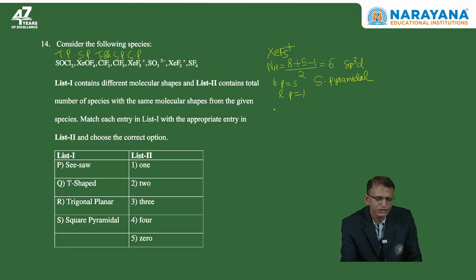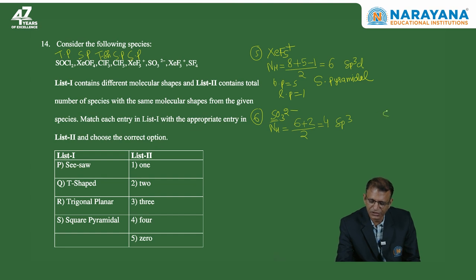Now moving to the next one, the sixth example is SO3 2 minus. We can draw the structure or we can calculate the number of hybrid orbitals. The central atom is sulfur, valence electrons 6. It has taken 2 electrons, divided by 2. So this is going to be 4. Hybridization is sp3.